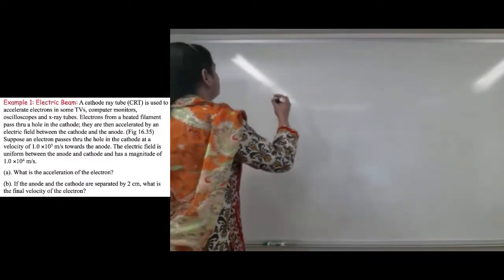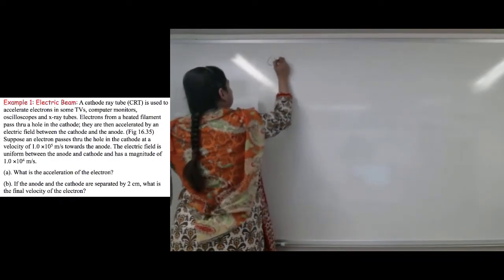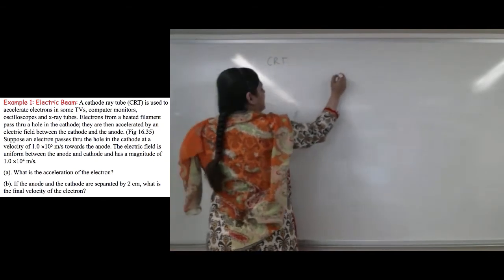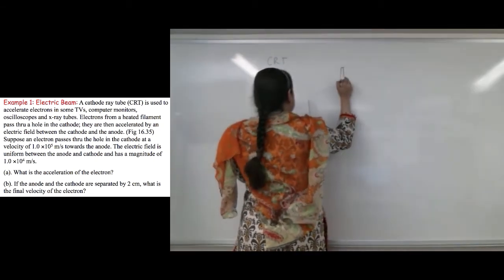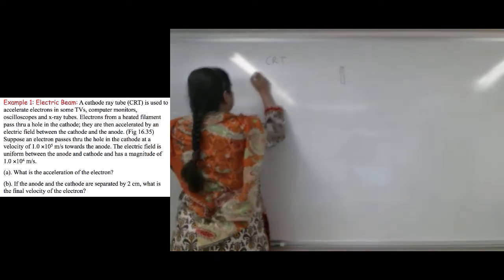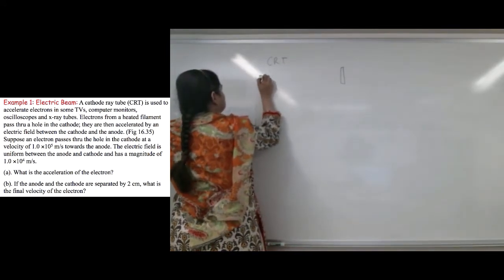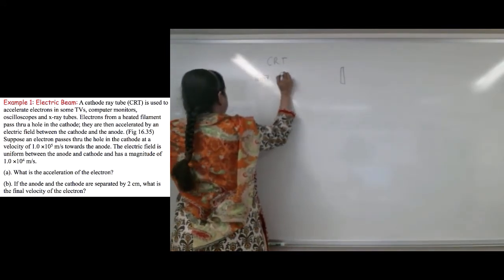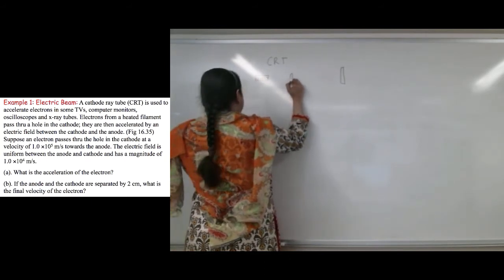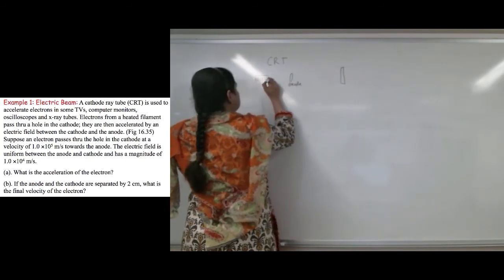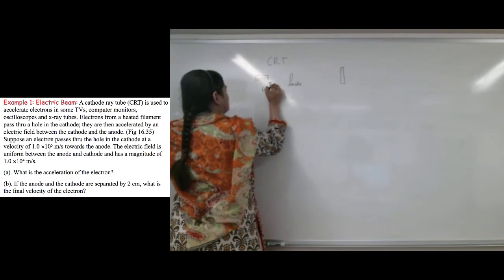So a cathode ray tube sort of looks like this. So this is where the TV screen is. This is where the heated filament is. This is where the anode is. This is where the cathode is.